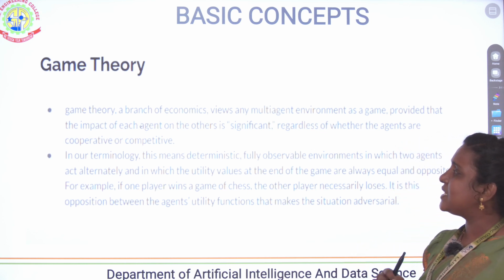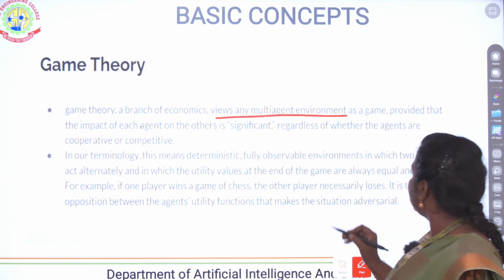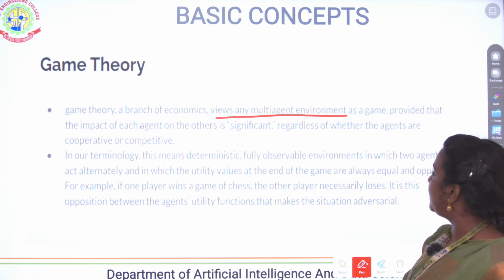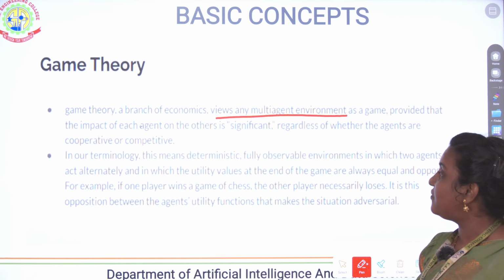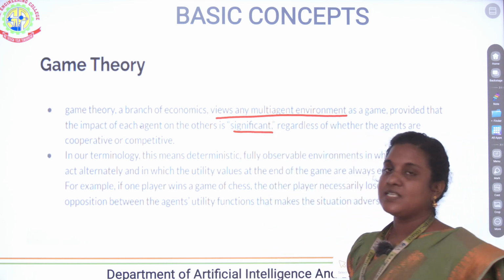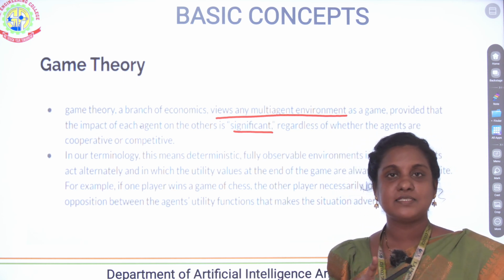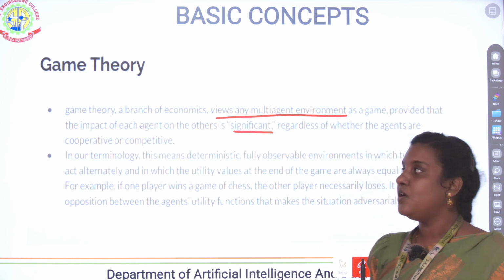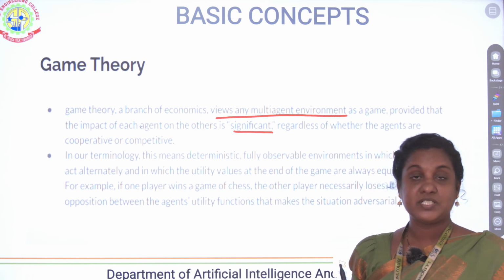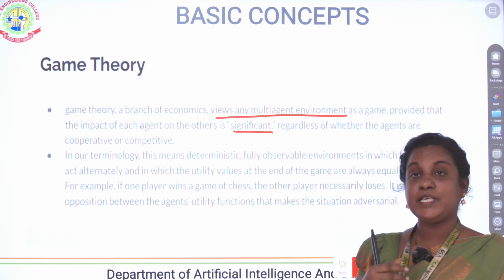Game theory is a branch of economics that views any multi-agent environment as a game, that is, a competitive gaming environment, provided that the impact of each agent on the others is significant. Because among the two players there is a chance for only one player to win, how much the impact of each agent's decisions will be reflected in the winning process.